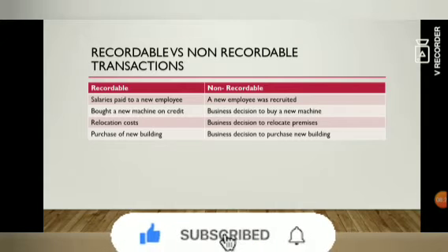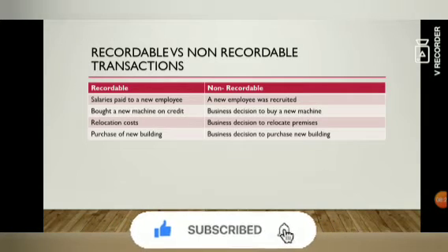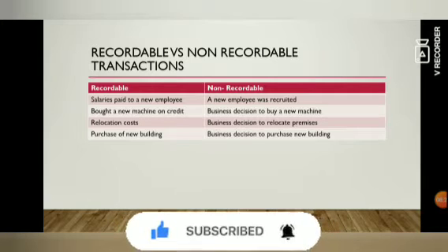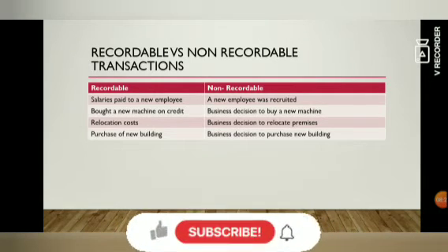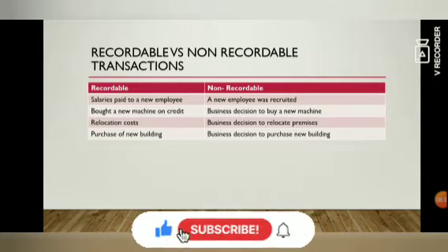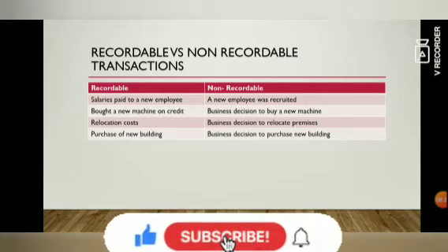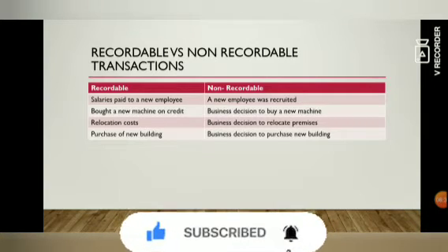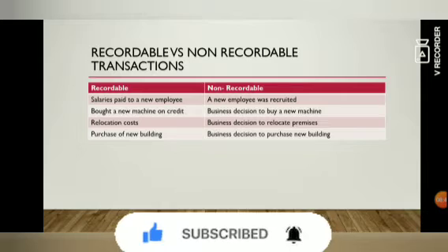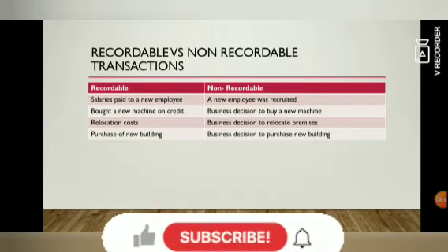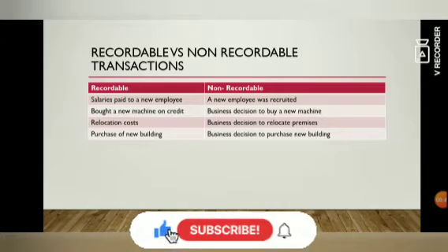So right now, having talked about the first step of the accounting process, I would like all of you to take a few minutes and think of two transactions that are recordable in accounting and two that are non-recordable. Make sure the recordable ones always deal with monetary value, but the non-recordable ones don't.